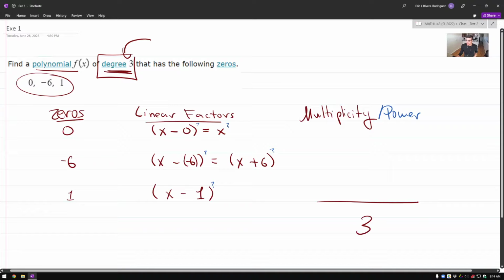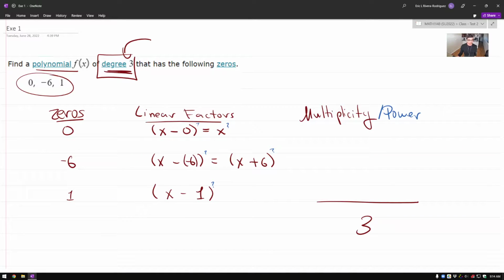So whatever value we put here for the multiplicity or power of each linear factor, when we add them together, the sum needs to be equal to the degree of the polynomial. The degree is 3. So now I'm going to ask you, what are the possibilities here?